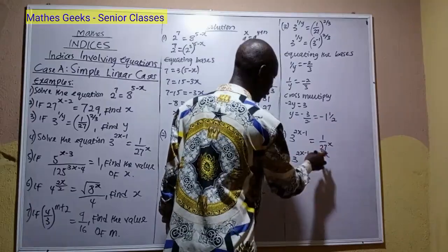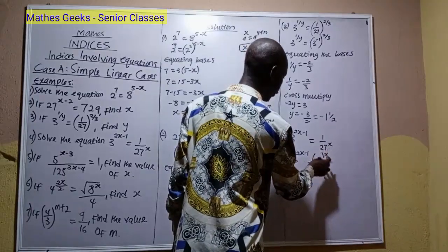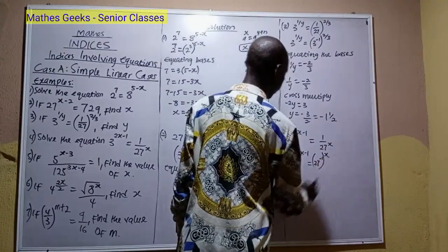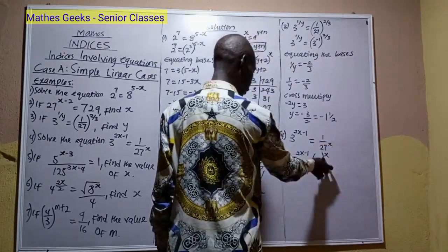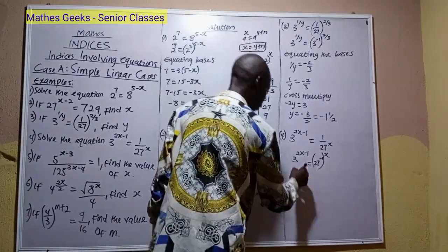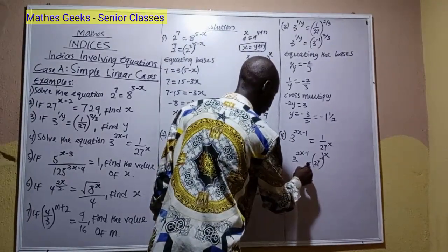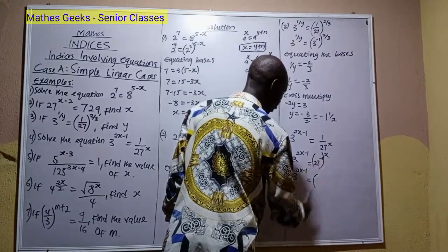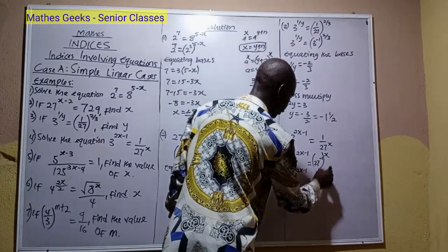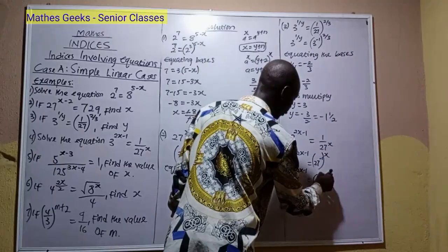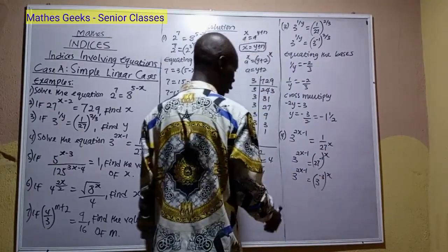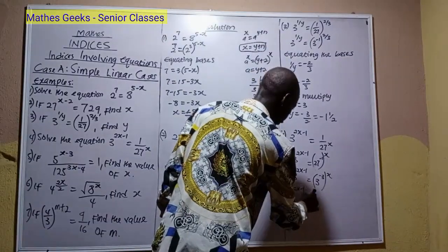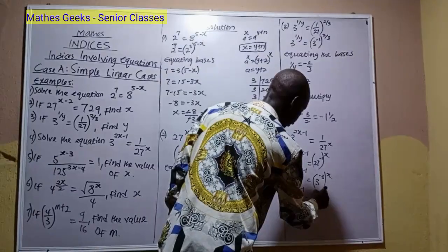Let me just start off by saying that 27 raised to minus 1, this part here is the same as this part. So come down here to 3 raised to 2x minus 1. Now I'm going to write this in index notation: 3 raised to minus 3 raised to x. Okay, 3 raised to 2x minus 1 equal to 3 raised to minus 3x.